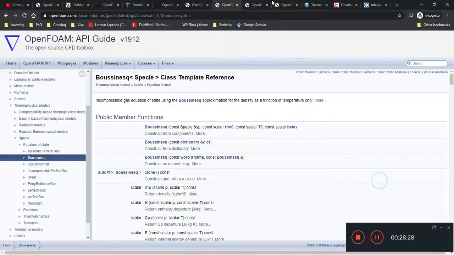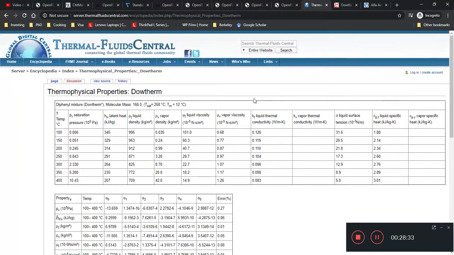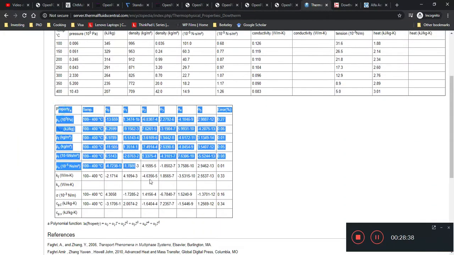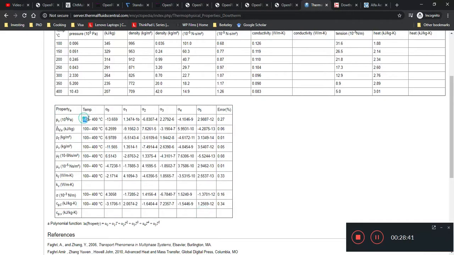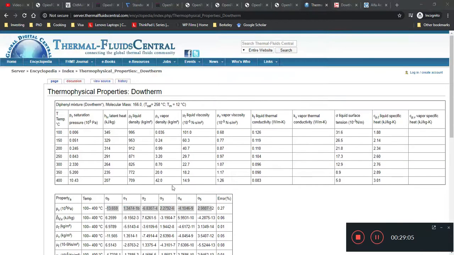So of course, like I was saying, we want a fairly well defined oil. One of these oils is called Dhalsim, and it's got all the properties that we want over here, from 100 to 400 degrees C. We will have all of these specifications, the coefficients.